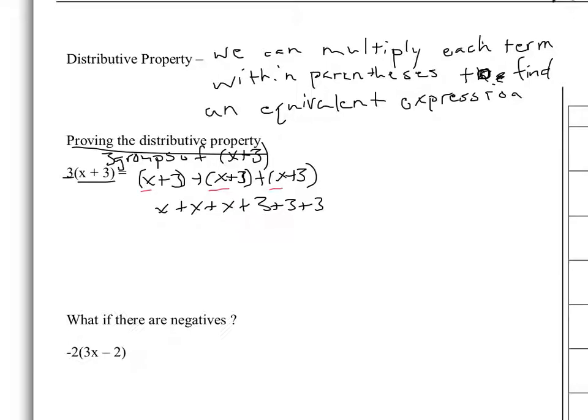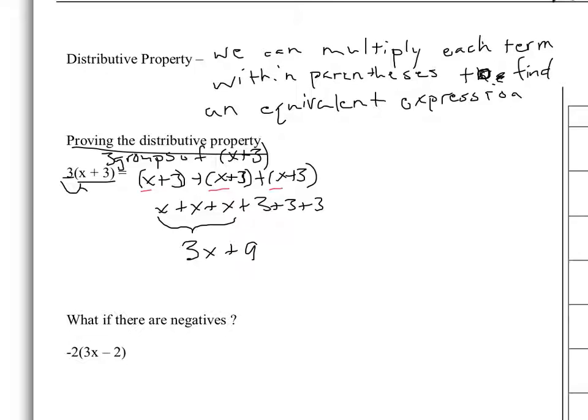And if we only had multiplications and additions, now we can combine this x plus x plus x, that is 3x, plus 3 plus 3 plus 3, which is 9. And so we can see that proves to us it's the same idea.